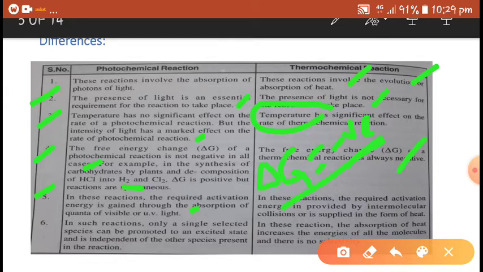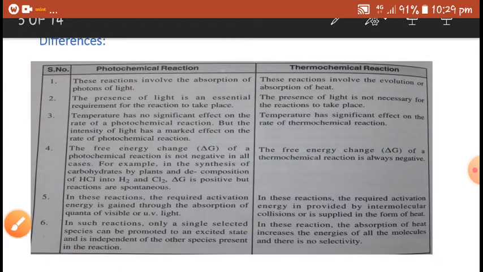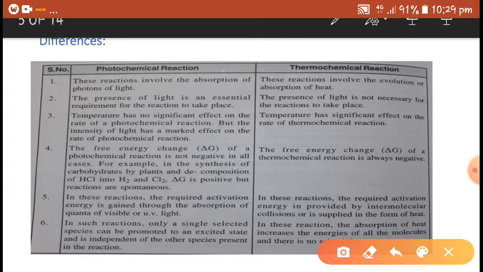Another point is that in photochemical reactions, only a single selected species can be promoted to an excited state, independent of the other species present in the reaction. Whereas in thermochemical reactions, there is no such selectivity.